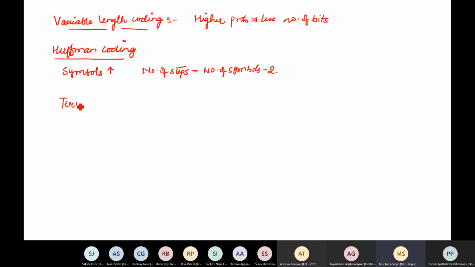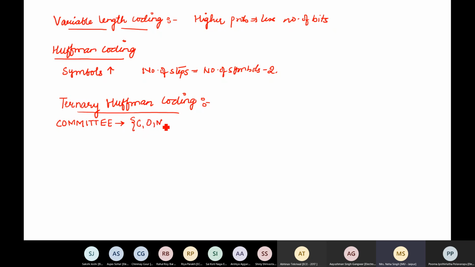Let us say I have a ternary Huffman coding. What ternary Huffman coding says is that instead of adding just two of the last probabilities, consider the last three probabilities together. Let us say I have the word committee given out by the source. What are the possible symbols that my source can give out?